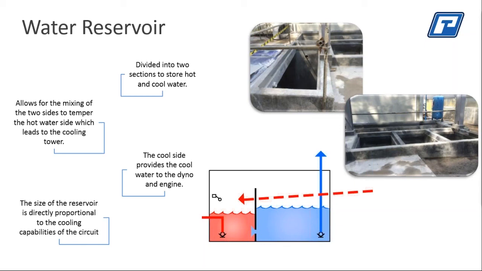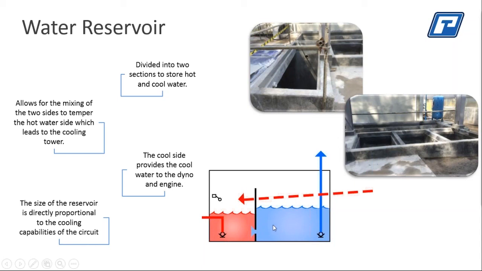So we can easily have water drain through standard drain pipes in your floor below grade, over into what is considered the hot side of the reservoir, which is denoted here in red. And as it walks through the cooling tower circuit, that water is placed over in the side that's the blue area, and that's used for recycling through the engine and the dyno. So it's divided into two sections, as you can see, and we'll walk through that a little bit later.